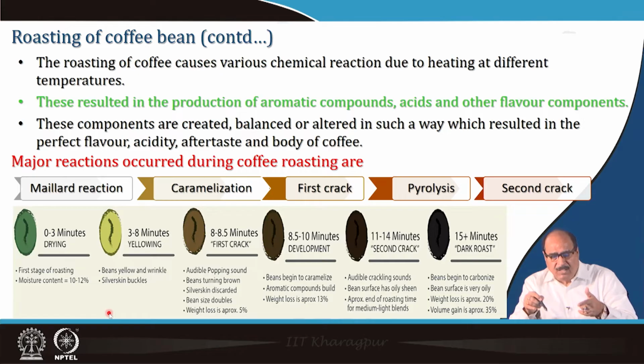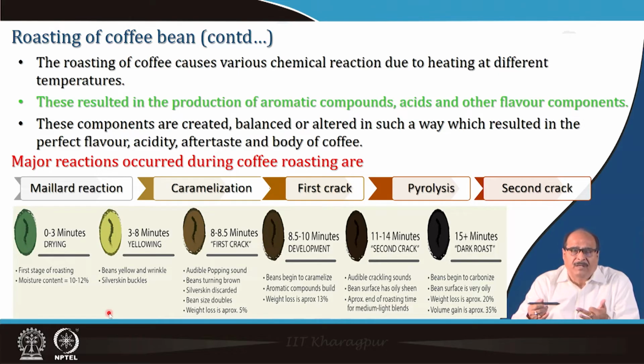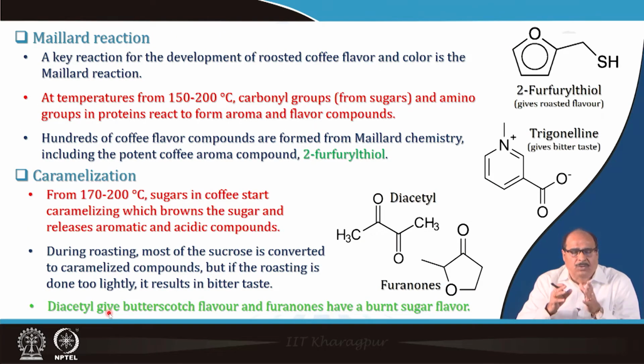Once it is first crack, there are minute developments inside the bean which lead to pyrolysis, finally second crack, and then further development of the compounds. So, Maillard reaction and caramelization are the two major reactions which are responsible for the development of flavoring compounds or coloring compounds. Okay.